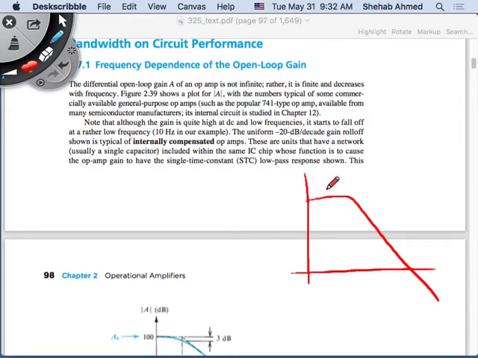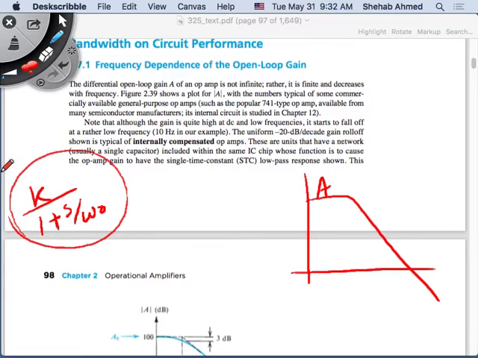The DC gain is the value of A, which is at low frequency, right? So instead of K, what's the equation for the low-pass filter? K over 1 plus S over omega naught, right? This was our equation for the low-pass filter.